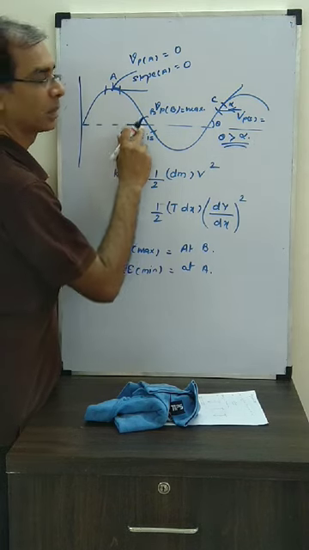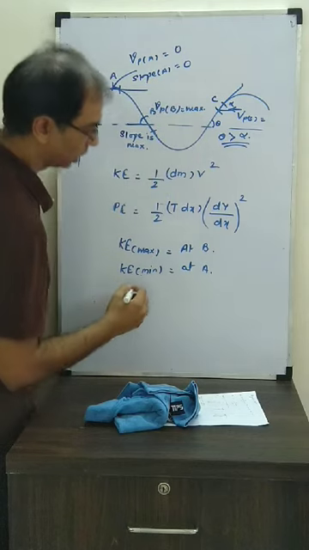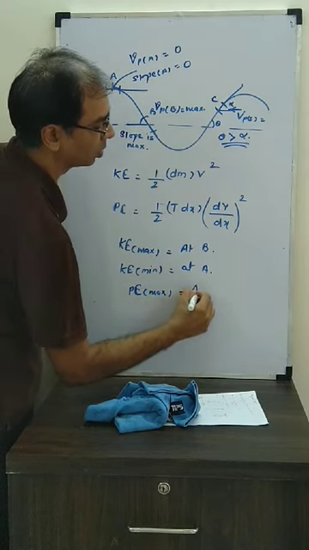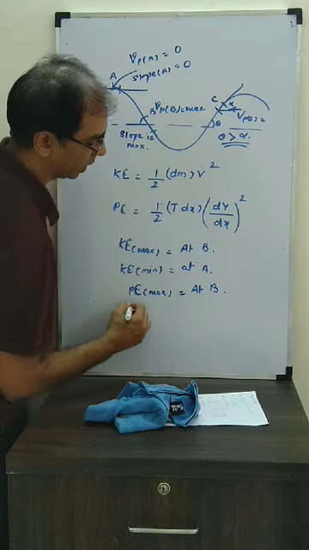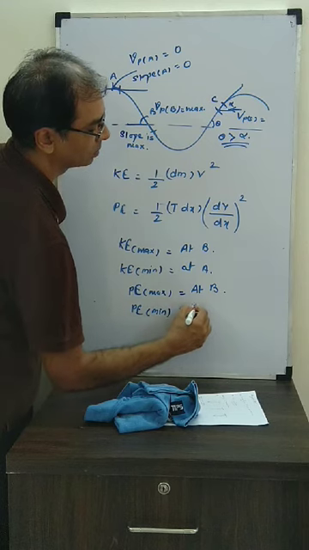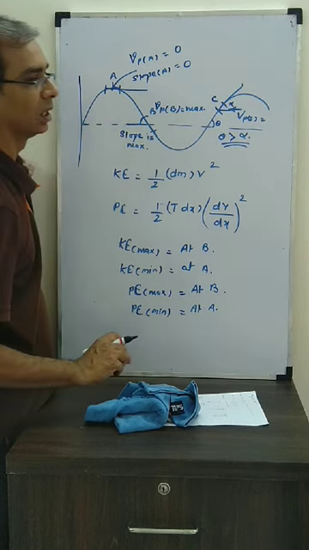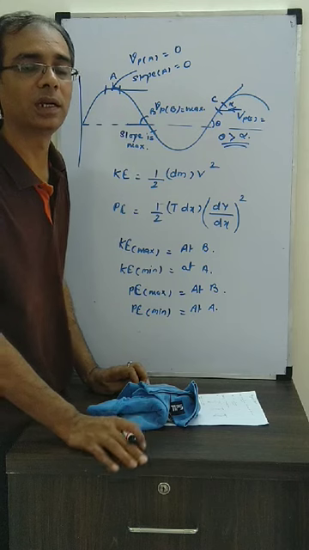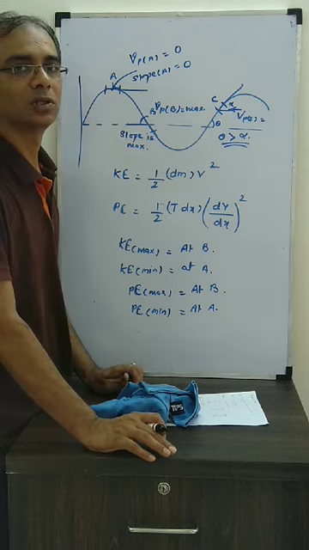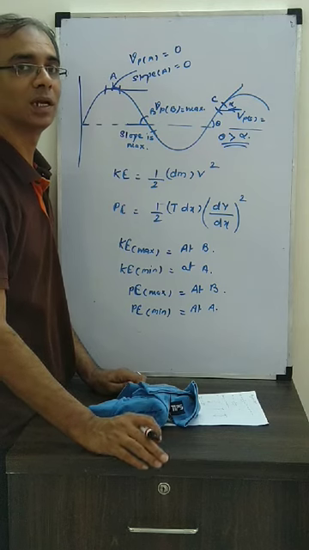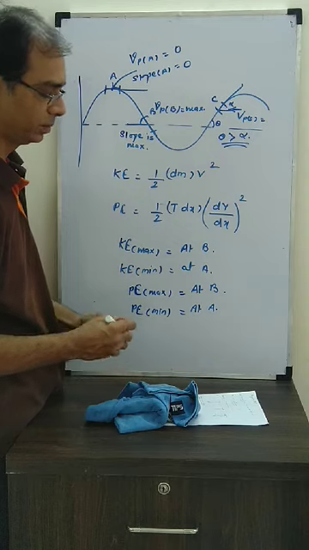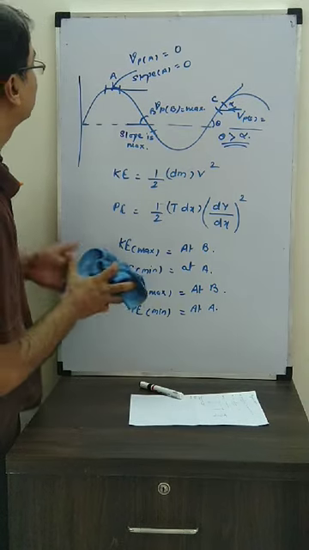At B. At A slope is 0. So potential energy is also maximum at B only, whereas potential energy minimum is at A. So in a wave in string, potential energy and kinetic energy are 0 at the same position, and potential energy and kinetic energy are maximum also at the same position only. Okay, is that clear?